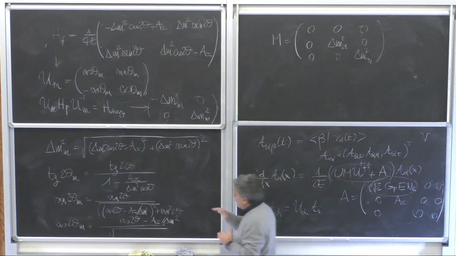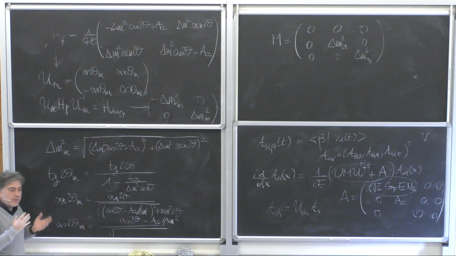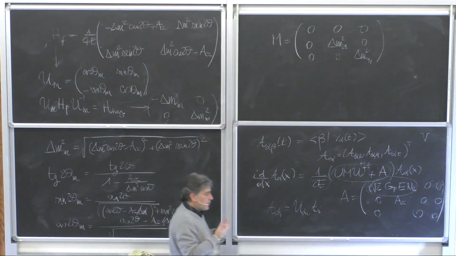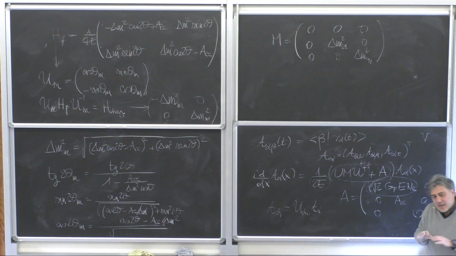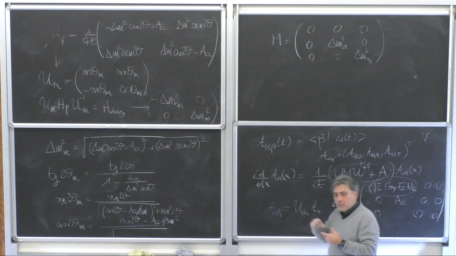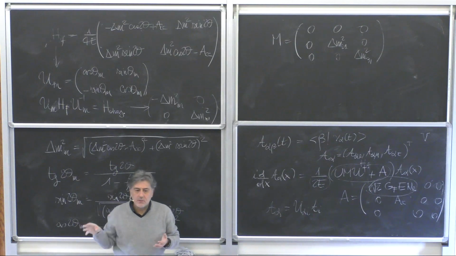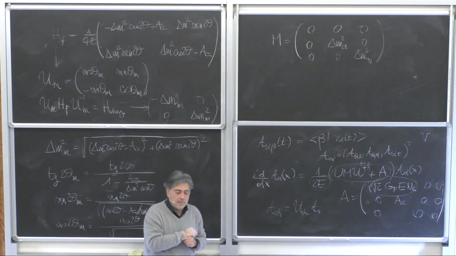Okay, so despite the formula looking complicated, actually we have turned the problem of the propagation in matter, exactly as we were doing with the propagation in vacuum, into something that is diagonal, so easy to calculate. And then we can go back to see what happened for the flavor eigenstates.